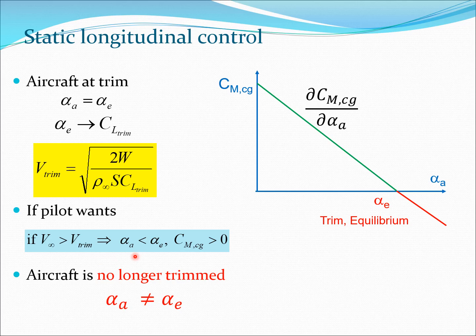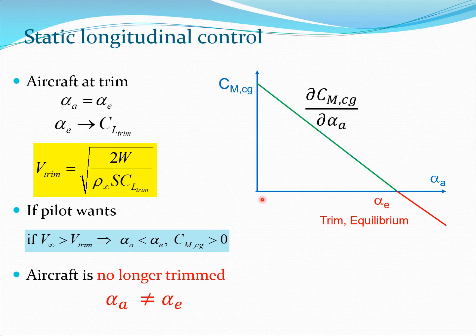In this case the alpha A value has to be decreased from the equilibrium value alpha E, because you do not need to create so much lift, since the velocity has gone up. Therefore the CL value can be less, so alpha can be less.